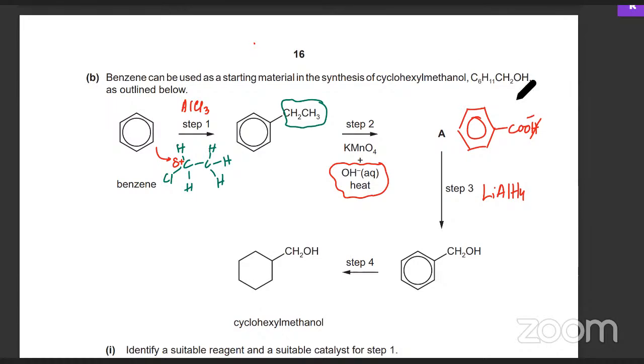It should behave in exactly the same way. It doesn't really matter, because the carboxylic acid is always losing and gaining H plus ions. Like it's an acid, right? So it's always losing H plus ions and gaining H plus ions back again.